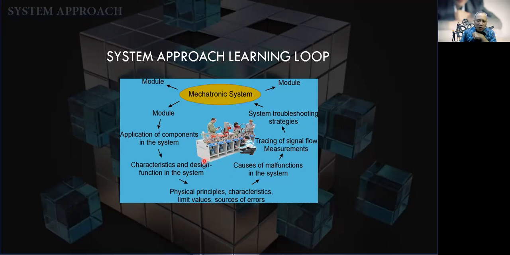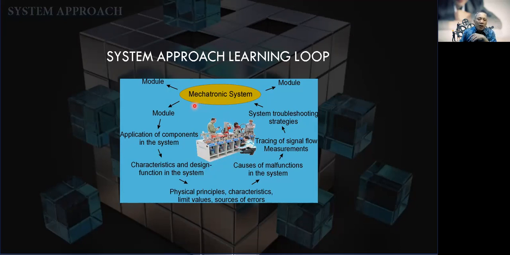One station is probably for sorting, one for testing, another for assembling, and so on. Each of them is connected to the others, and they are controlled by the bigger system. Usually each station is run by a PLC, and this PLC is connected to another PLC, and so on. So let's look at this system.